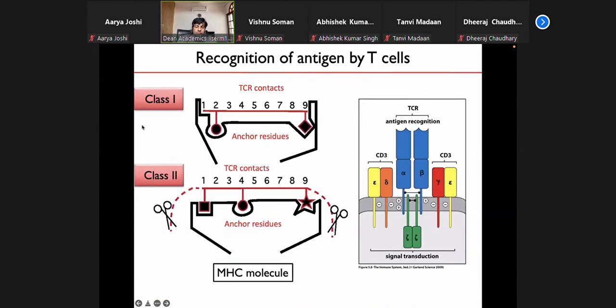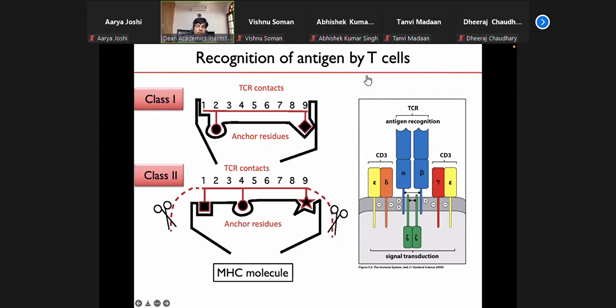So basically, the point I wanted to make in this slide was that you have provided your T cells the ability to recognize different peptides, which are loaded onto MHC class 1 or MHC class 2, depending on whether you have CD4 or CD8 T cells, right? Now, the MHC molecule is one of the most polymorphic molecules in your system.